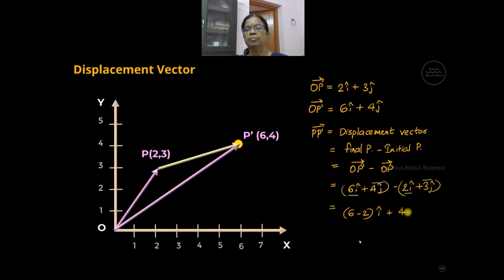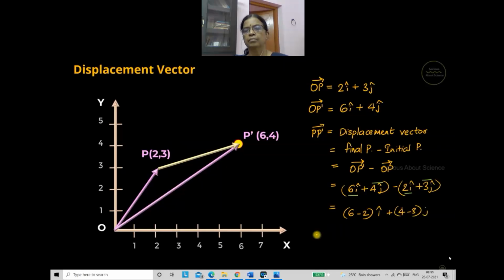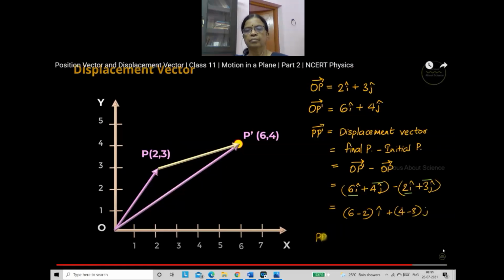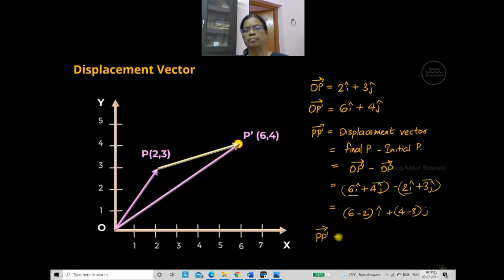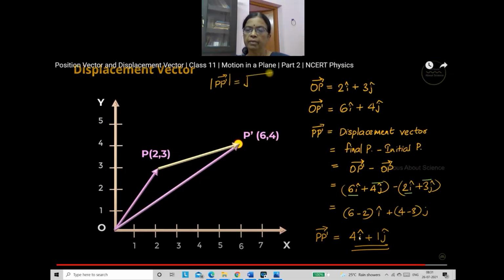So vector PP dash is 4i cap plus 1 j cap. This is the displacement vector. Now if I want to find the magnitude of this displacement vector, it is given by the modulus of vector PP dash, which is simply the square root of 4 squared plus 1 squared, that is root 17.